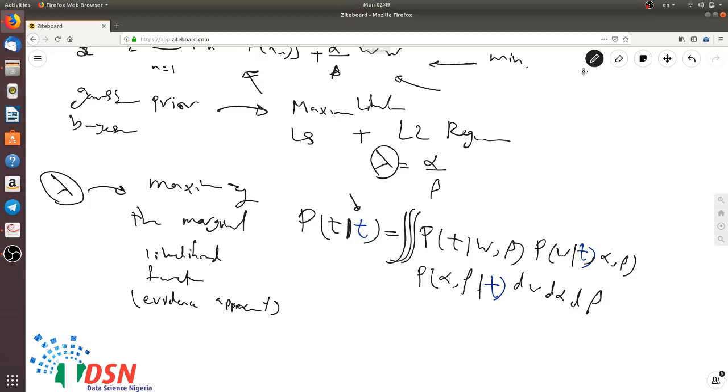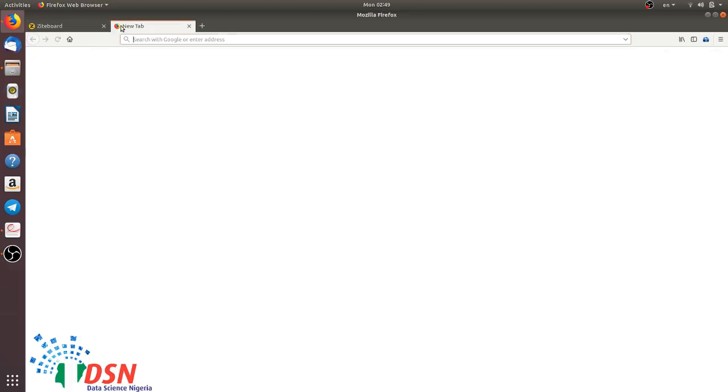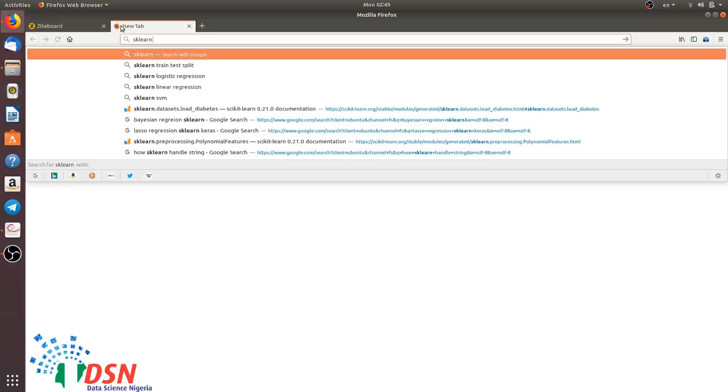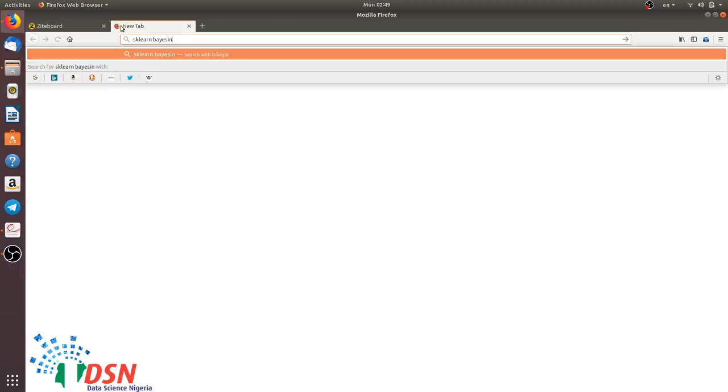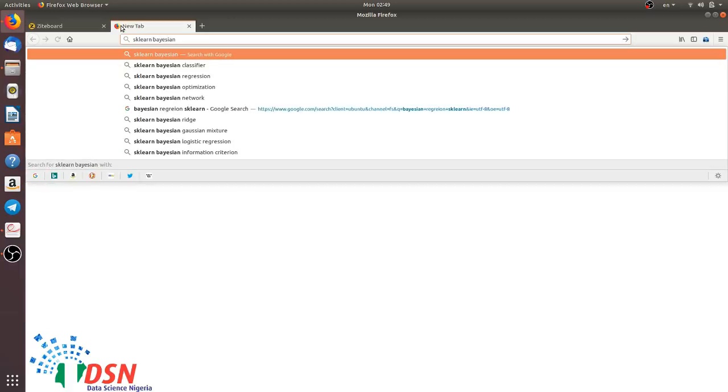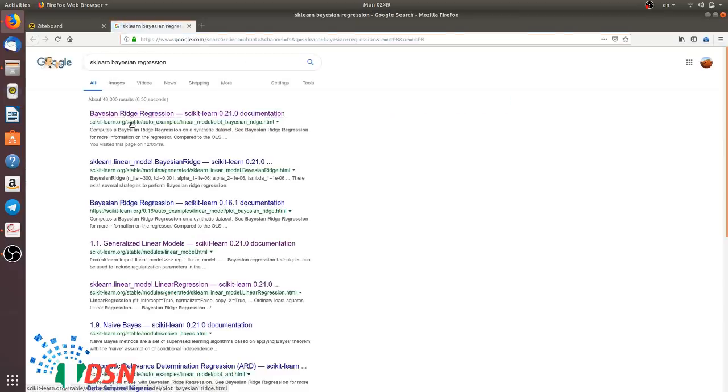Okay, actually we will have many other details about the Bayesian approach, but maybe it is not necessary to dive into it now. But if you want to use that in scikit-learn, you could use the Bayesian regression.